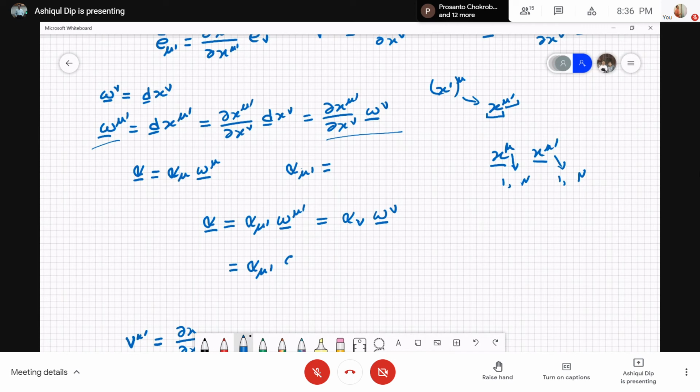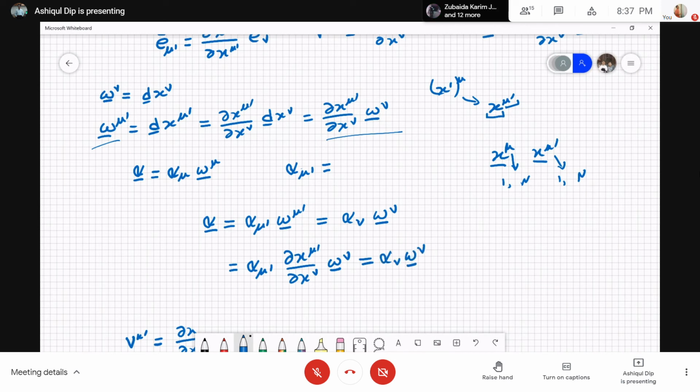That is ∂x^μ′ by ∂x^ν ω^ν. And that is obviously α_ν ω^ν.